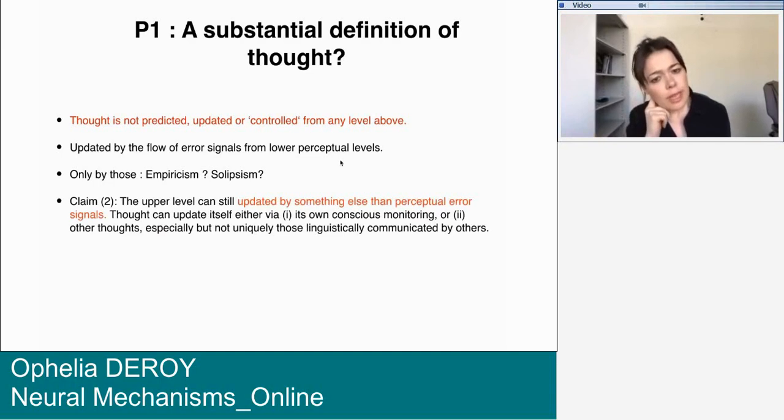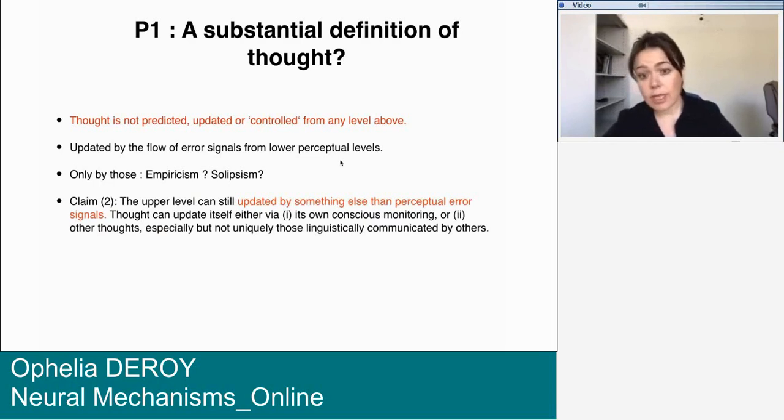I have to actually make a slight addition to something which was not in the paper. I think here, by granting these properties of updating via reflectivity and horizontal updating, especially via linguistic communication, to thought, I'm of course focusing on human thought.